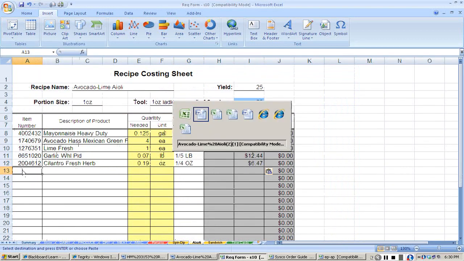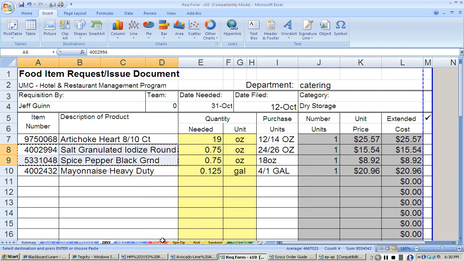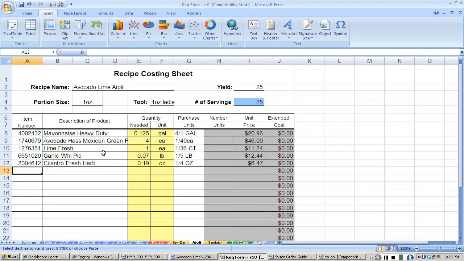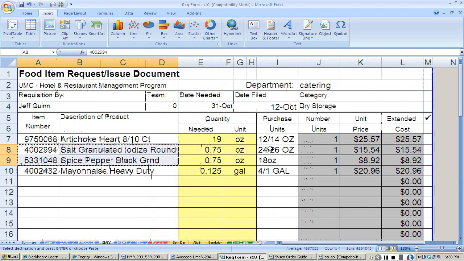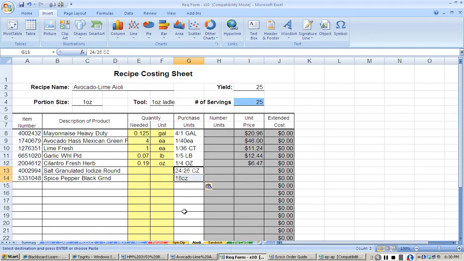After cilantro, salt and pepper. Go to dry. Got our salt and our pepper. A lot of copying and pasting. Copy and paste. Purchase units. Go back to dry.